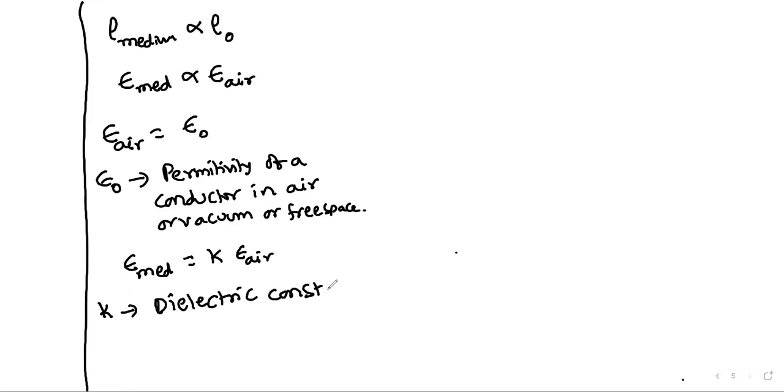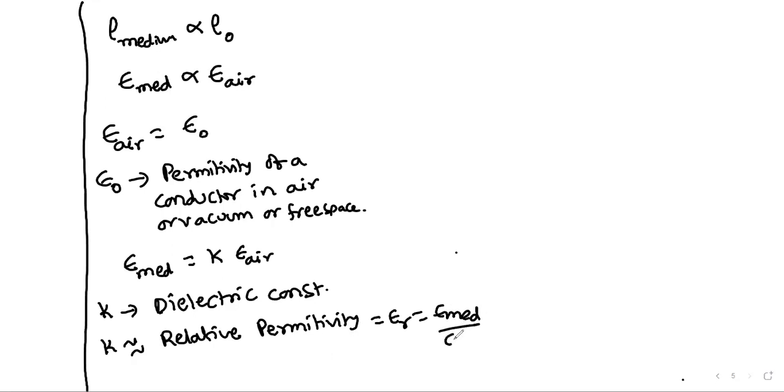K is also equal to the relative permittivity, that is epsilon R, which is epsilon medium by epsilon naught.